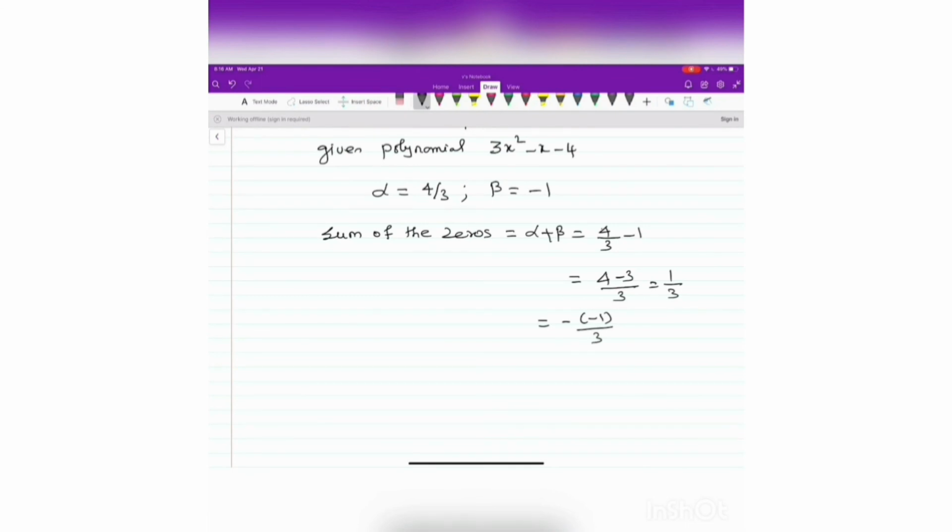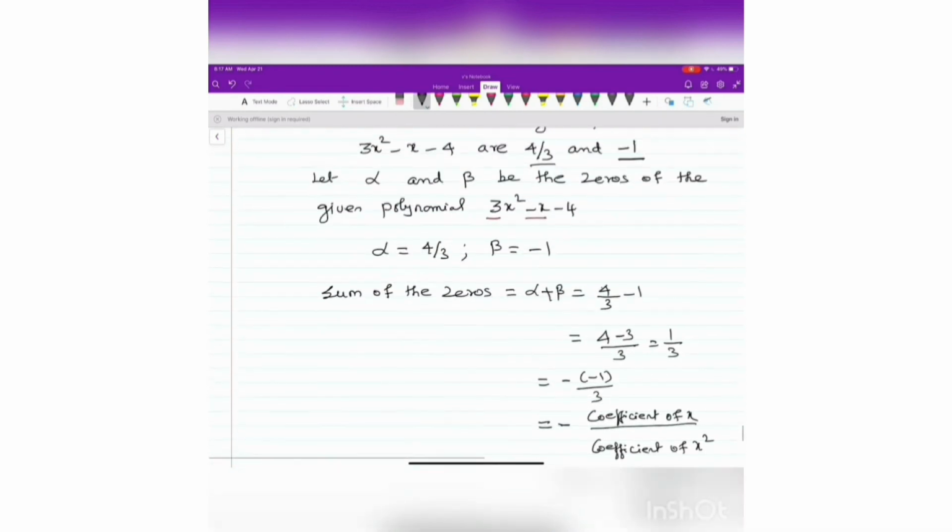Now, if you see here, minus 1 is coefficient of x. 3 is coefficient of x square. So I can write over here minus, that minus 1 I can write coefficient of x by coefficient of x square.